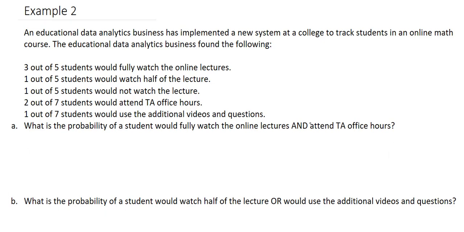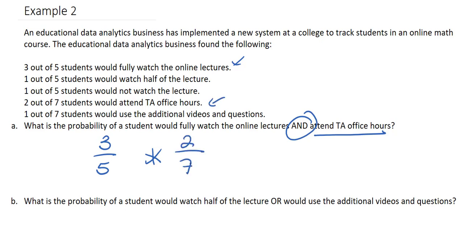So notice we have an "and" probability. That means we're going to go ahead and multiply the probabilities together. So we're going to go ahead and look for watching the full lecture. So that's the first one. That's 3 out of 5. Then we're looking for TA office hours. Well, that's 2 out of 7.